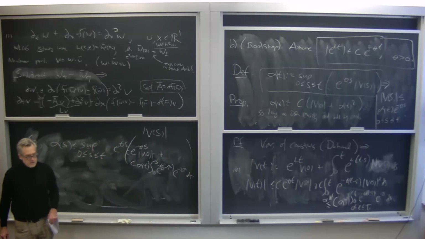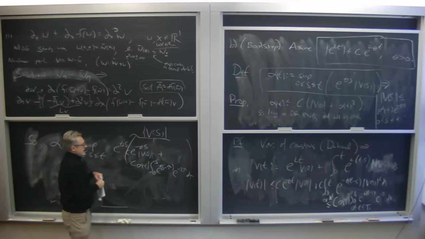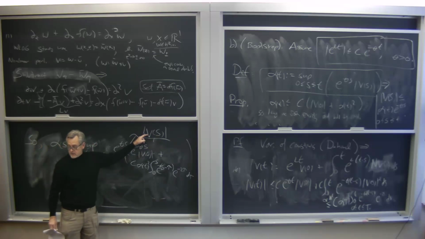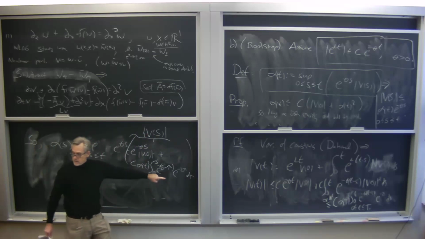The V upstairs. This is V of S. That's what goes in here in the definition. It's e to the theta S times V of S, and I take the supremum. But I have a bound on V of S coming from the bottom of the board, which is this.